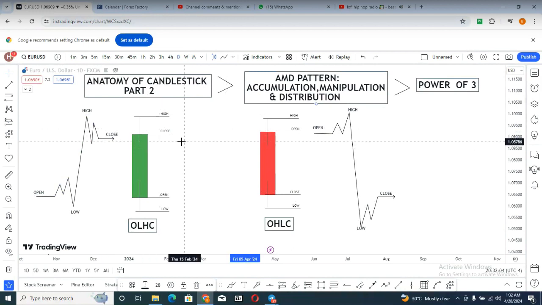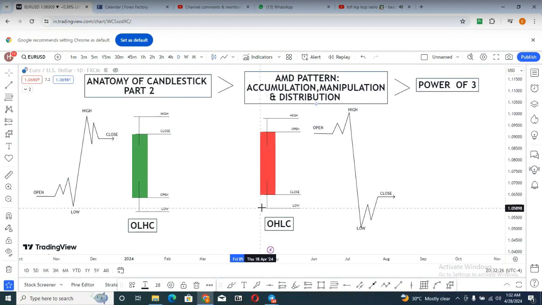Now in a bullish scenario, for a bullish trend, you see a low always created before the high is created, then the close. Then it moves to the next candle and does that consecutively.